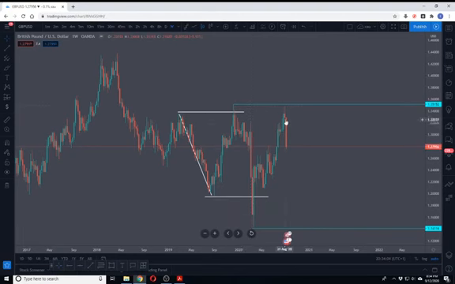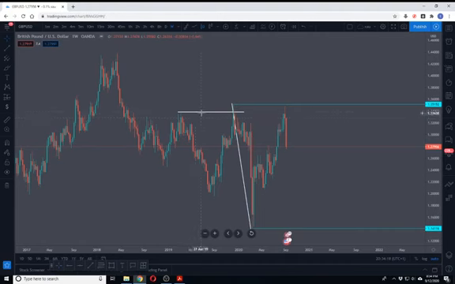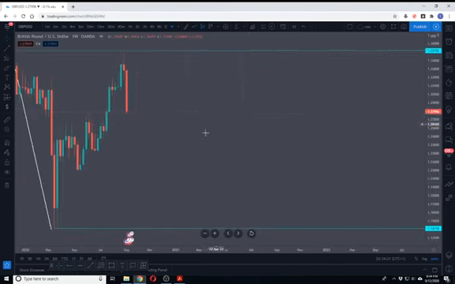We would have been waiting for price to move back up to some type of structure point. This swing would have become our new range and our new actual structure point, and we would have been waiting for the market to come up and mitigate, which is something we'll go over in a future video as well.